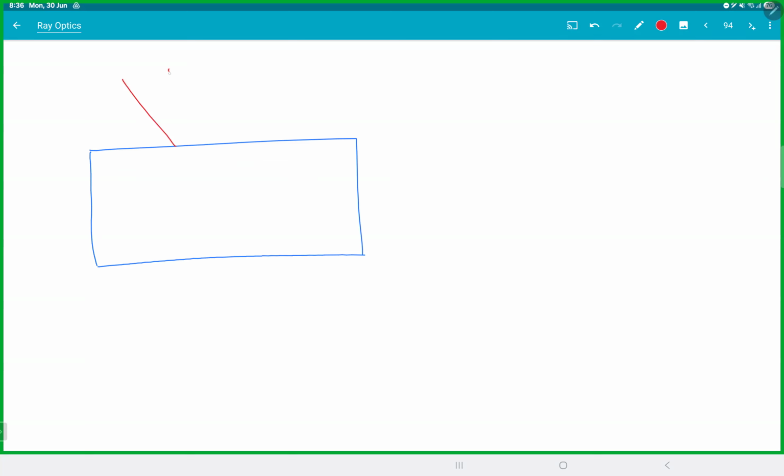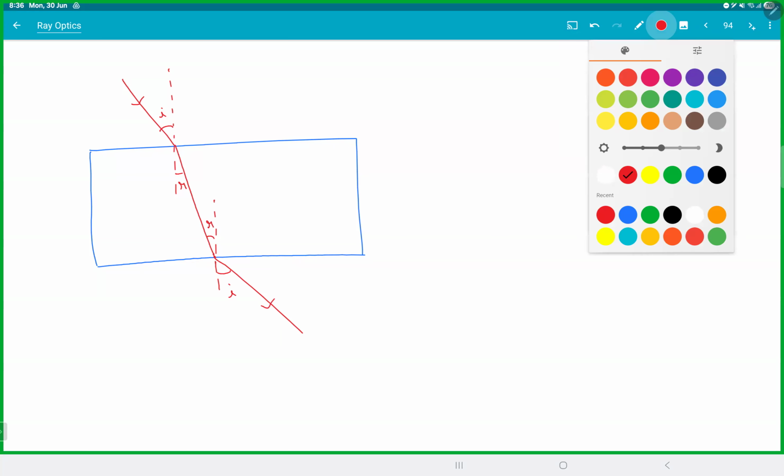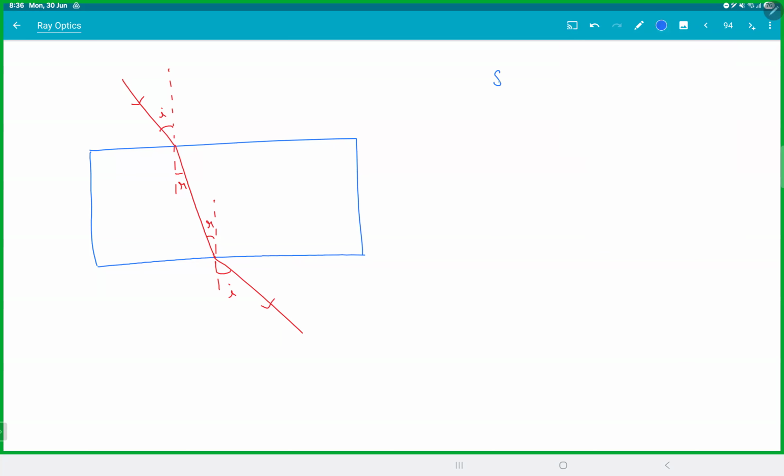So if you send a light ray, this is i, this will be r, this also will be r. So this thing comes out with i. So actually deviation is 0. So 1 into sin i is equal to mu into sin r.